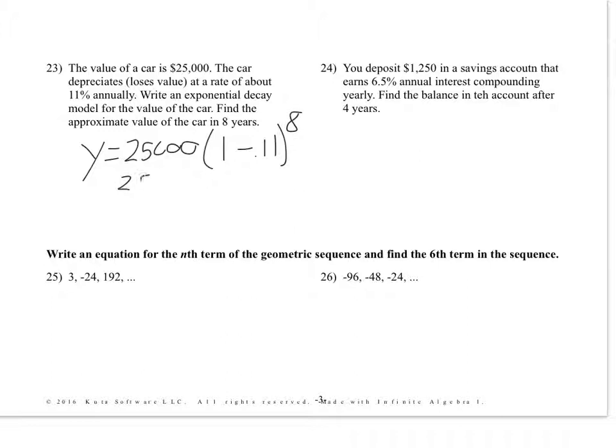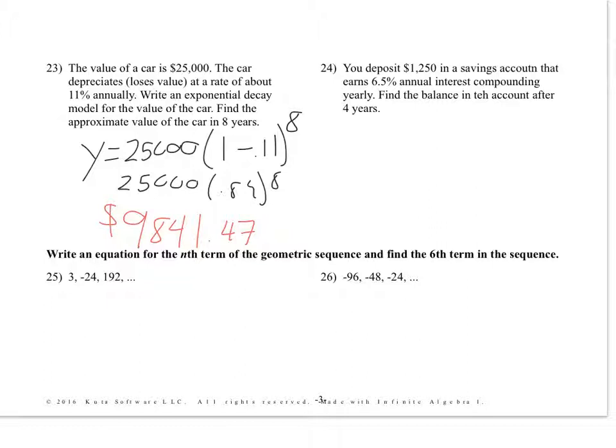So it'll be 25,000 times 0.89 to the 8th. Make sure you raise 0.89 to the 8th first and then times it by 25,000. If we do that, we should get $9,841.47.